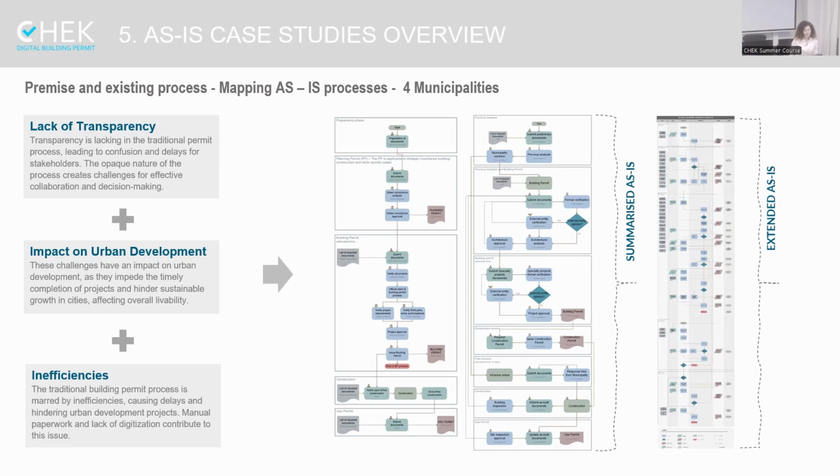So what we noticed by mapping these processes and building these process maps were at least 3 gaps or pain points that we saw in all the processes that we mapped.